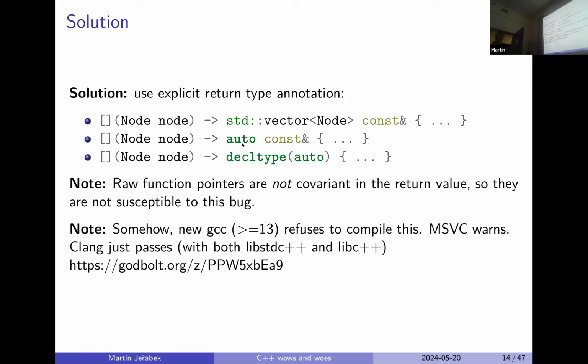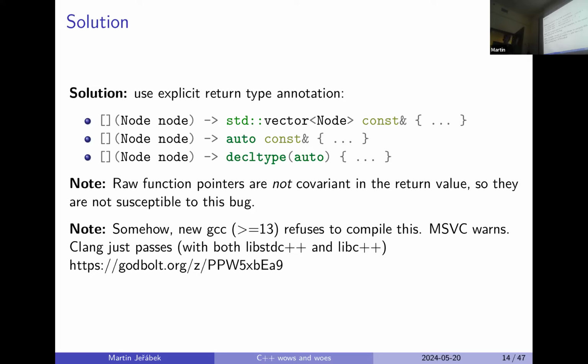I tried it in new GCC, and for some reason it refuses to compile this. It says it's an error. But when I tried with Clang and both standard libraries, it passed both times. So I don't think it's a standard library thing. It has to be GCC specific. But I didn't go into that more.